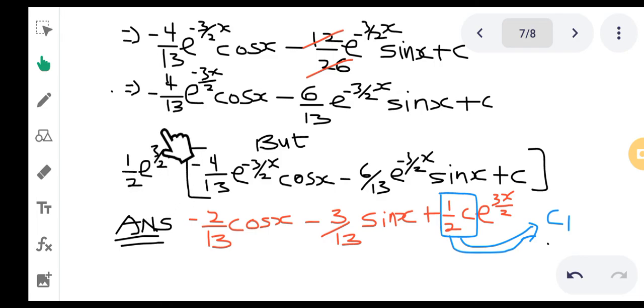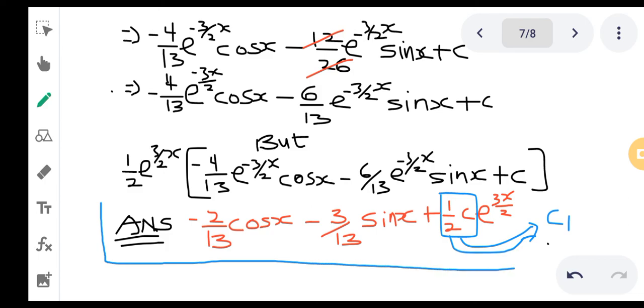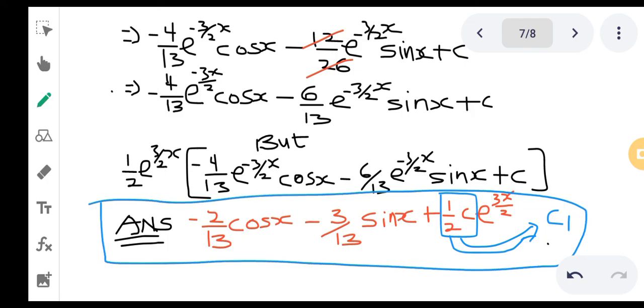Then the half e exponent 3x over 2 will multiply the constant, and you get half c e exponent 3x over 2. We can say half c is a constant, so we denote it as, let's say, c1. So this becomes our answer to the question.